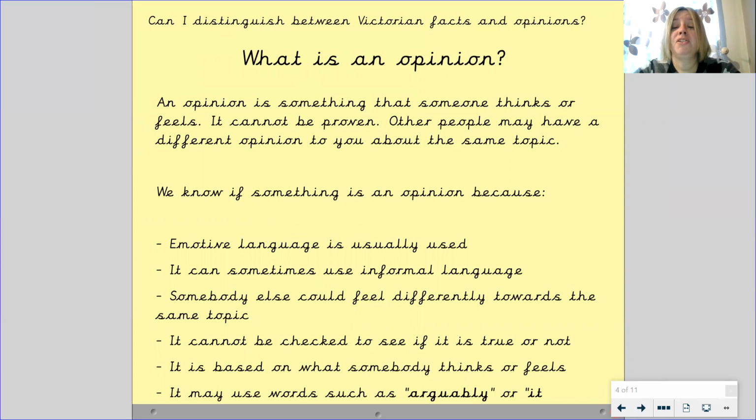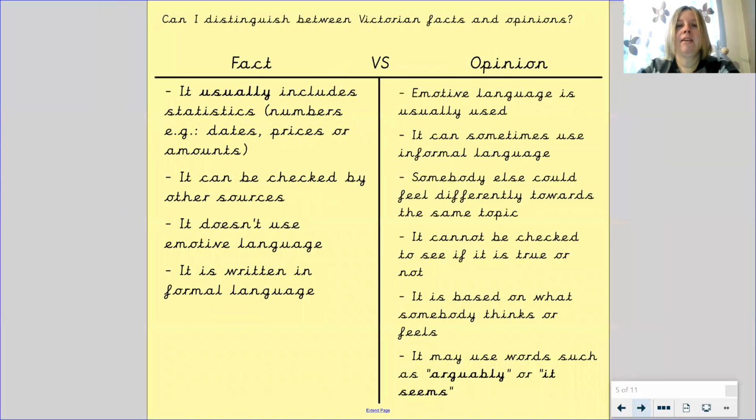It is based on what somebody thinks or feels. It may use words such as arguably or it seems. So remember those words when you are writing your own opinion. So when you're writing what you're thinking, try to use words like arguably or it seems in your writing.